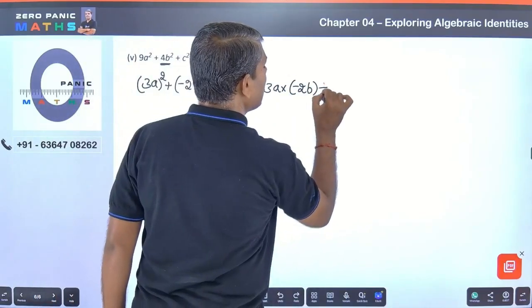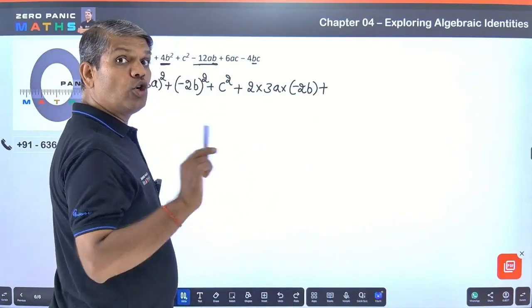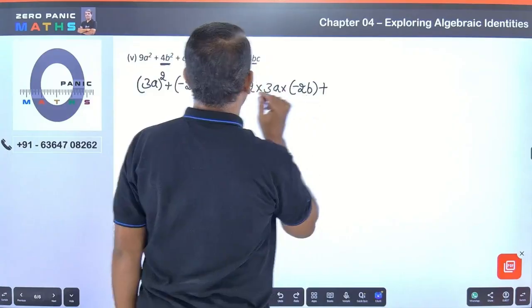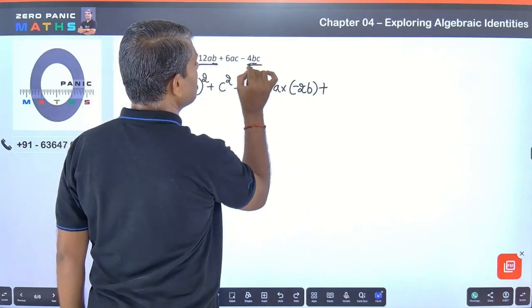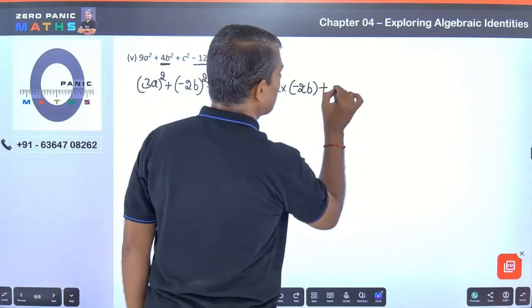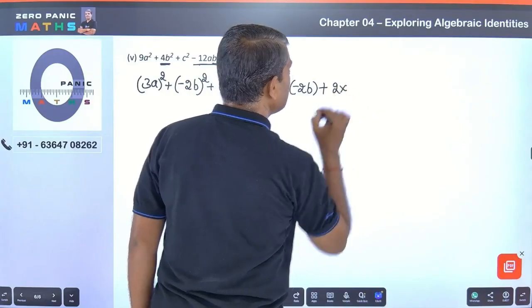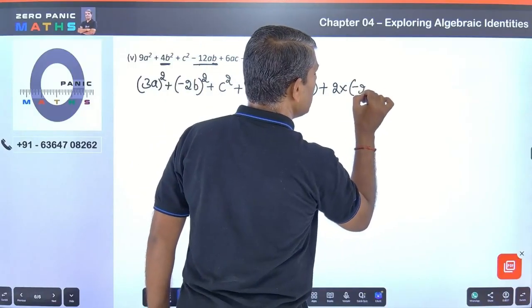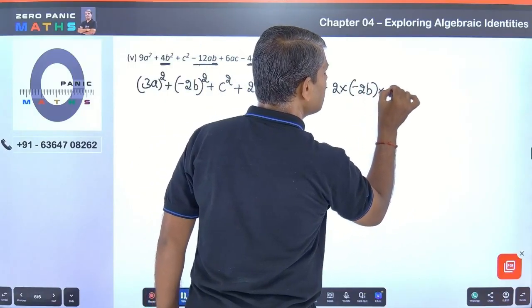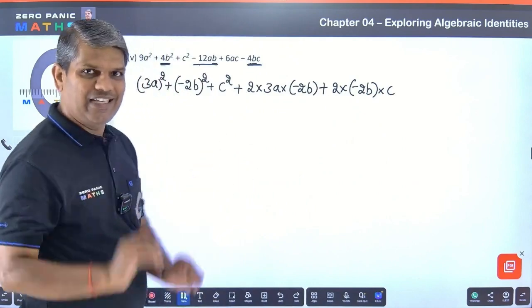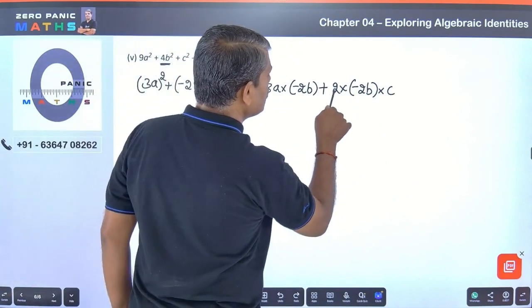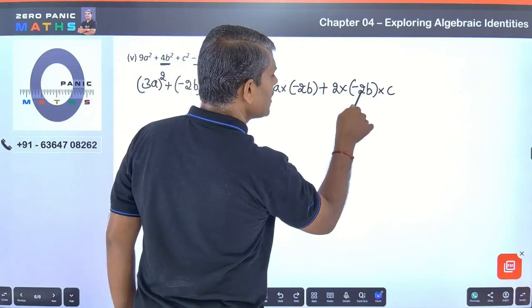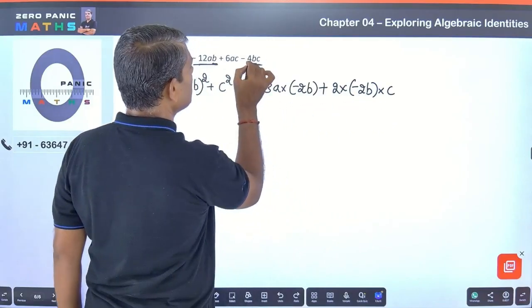Whereas the second term, that is 2bc. So 2bc is actually this term. Let me write that also. 2bc: what is b? b is minus 2b. And what is c? c is c only. You see that 2 into minus 2 is minus 4, so minus 4bc.